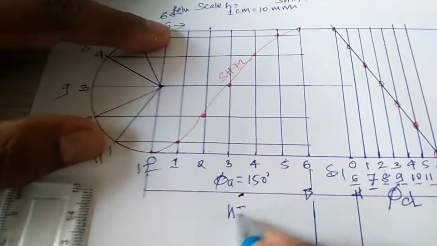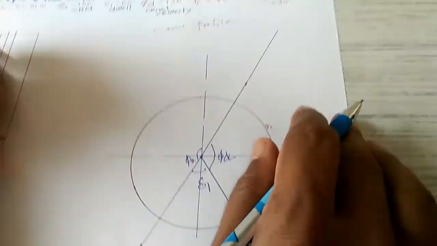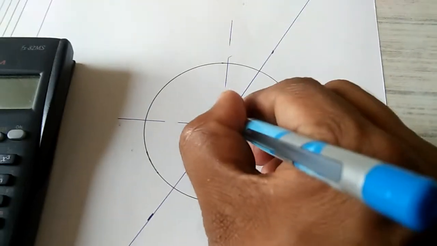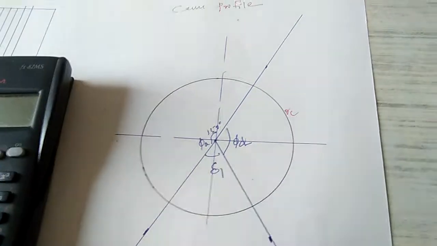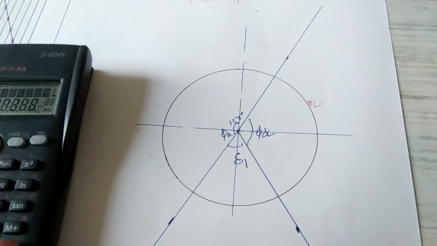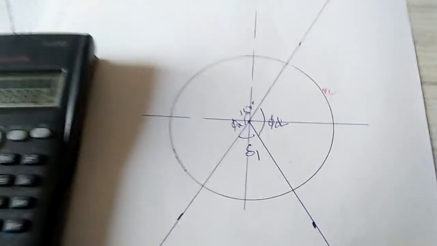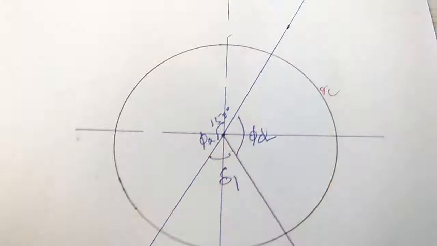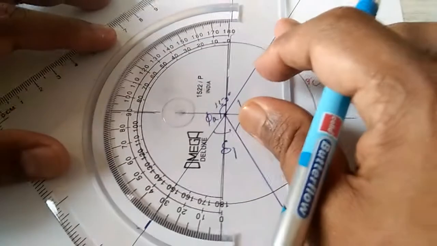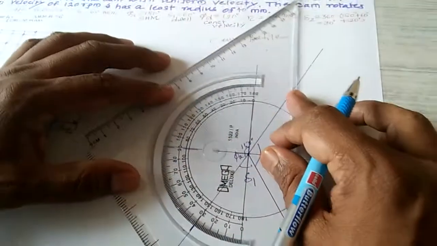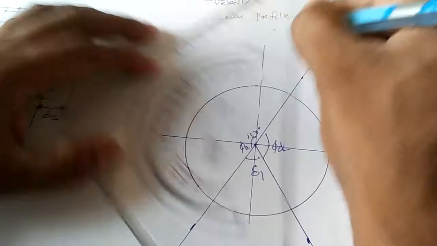How many divisions have you made? Here n is equal to 6 for the 150 degrees. Here also you have to make 6 divisions. If you divide 150 degrees by 6, it comes as 25 degrees. I will take this 25 degrees, making it aligned with the vertical axis. You have to start from 0 only.